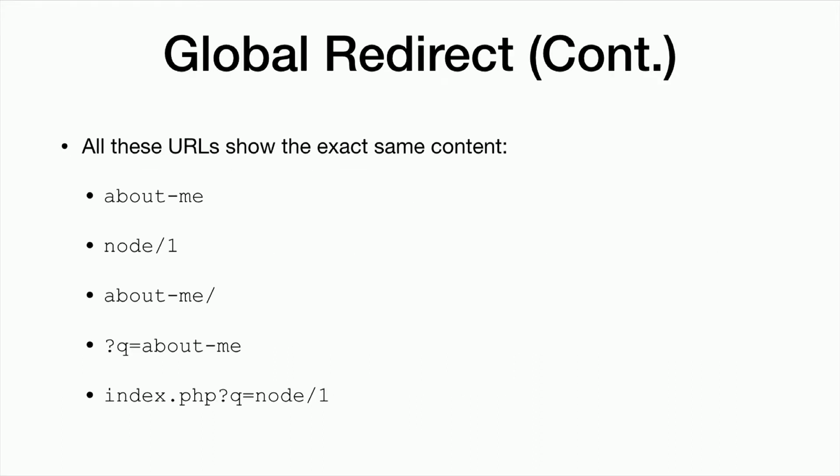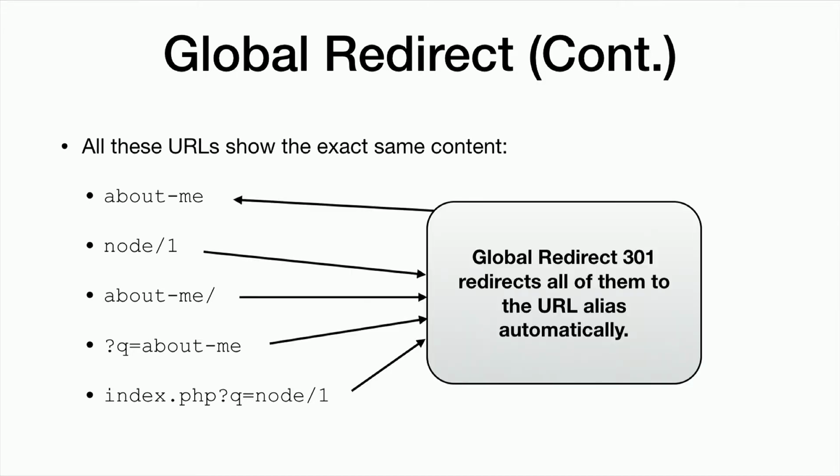But basically, as I show here, if your main page is about-me, it could also be accessible from node/1, about-me/ with a slash on the end, and also ?q=about-me, or index.php?q=about-me, or whatever. So a lot of different options there. What Global Redirect basically does is takes all of those options that don't look as pretty and sets a 301 redirect to the main one.